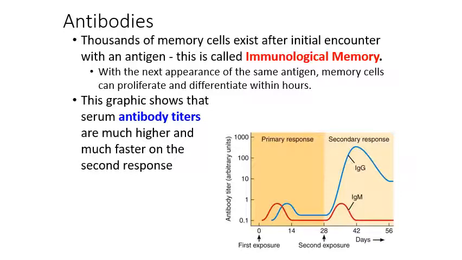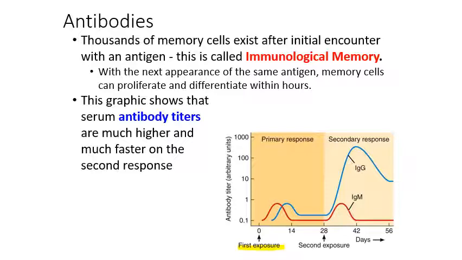Okay, so here's one of the cool things that your body does with this adaptive immune response and why it's so much more special than that innate response. And that is the production of antibodies over time. So looking at this chart down here, say we get a cold.